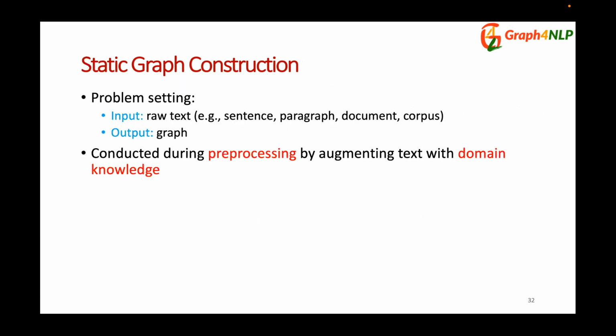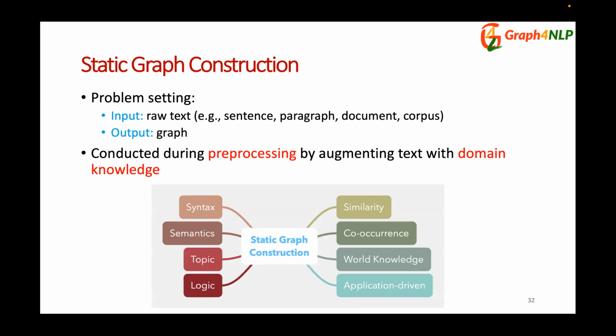So first, let's talk about static graph construction. It aims to convert the raw text to a graph, where text can be either a sentence, a paragraph, a document, a corpus, and so on. This is usually conducted during the pre-processing stage by augmenting the raw text with various domain knowledge, such as syntax, semantics, topic, co-occurrence, and word knowledge.